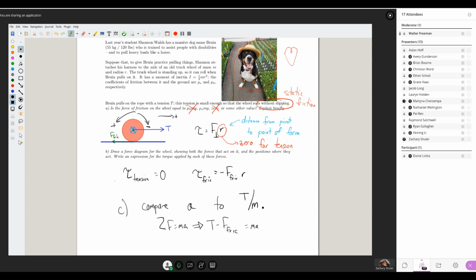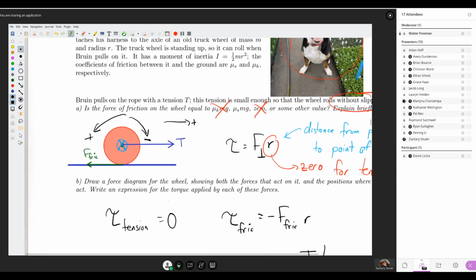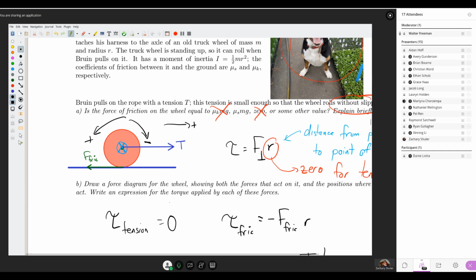And then we said, okay, as Bruin pulls on this wheel, there are going to be two forces, the force of tension that he's pulling with and the force of friction between the wheel and the ground. And those forces will do two things. They'll cause the wheel to move, give it an acceleration, and they'll also give it an angular acceleration.